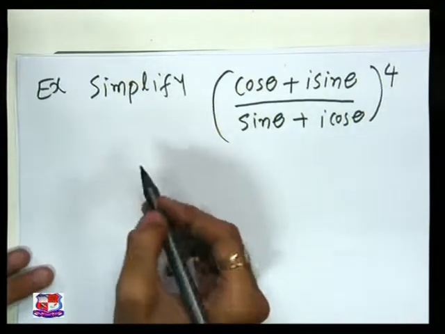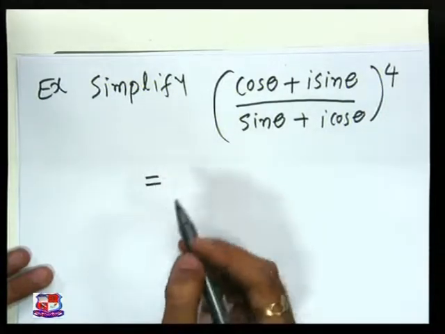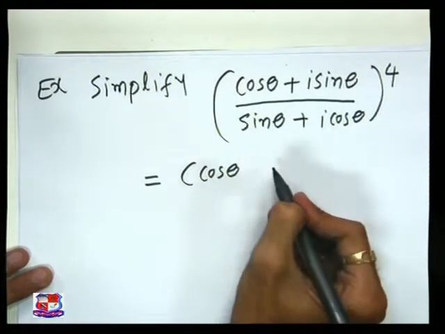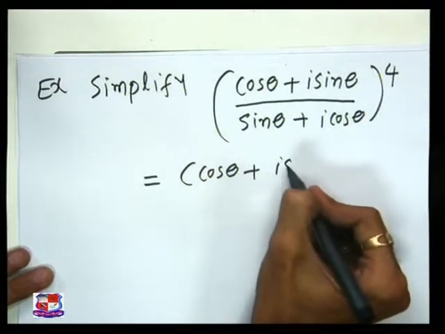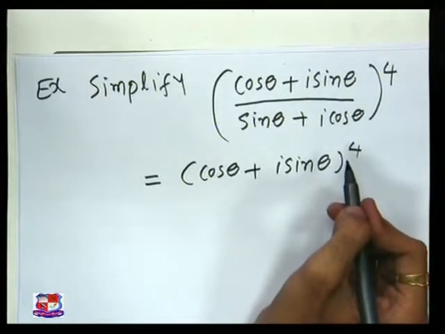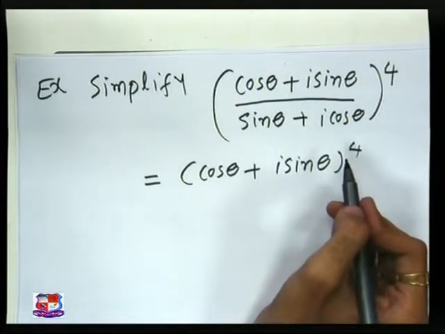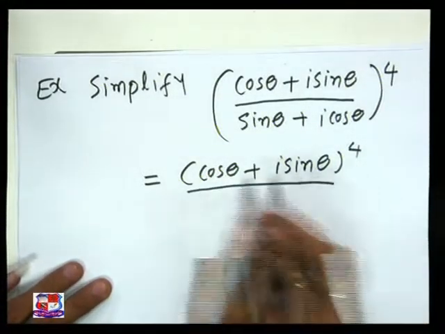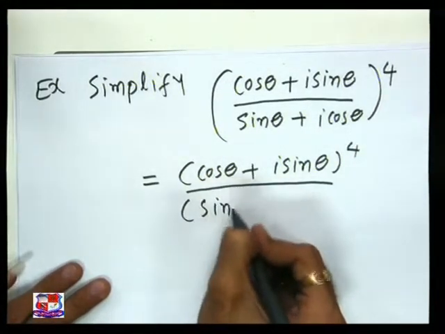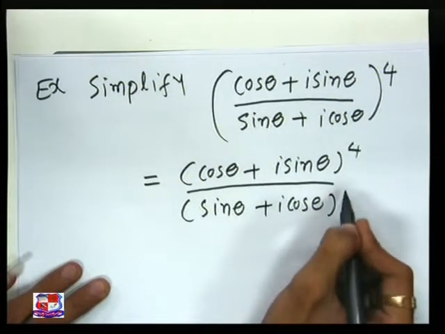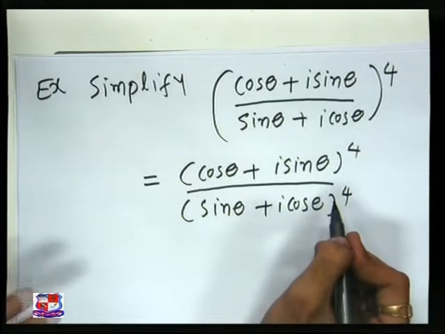First of all, we can write this as (cos theta plus i sin theta) raised to 4 in the numerator, and in the denominator (sin theta plus i cos theta) raised to 4.